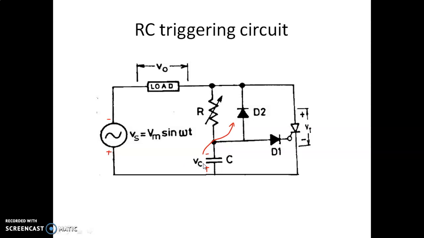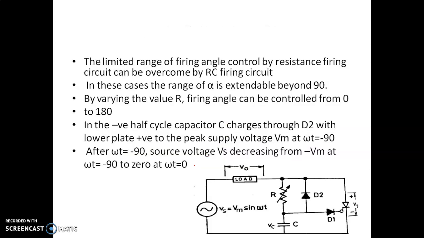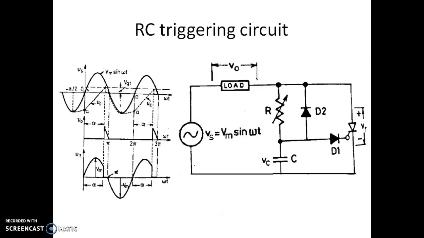In the negative half cycle, the capacitor charges through the diode D2, and in the positive half cycle, it discharges through the resistor. We can explain using the waveforms here. This is the negative half cycle of the input voltage.